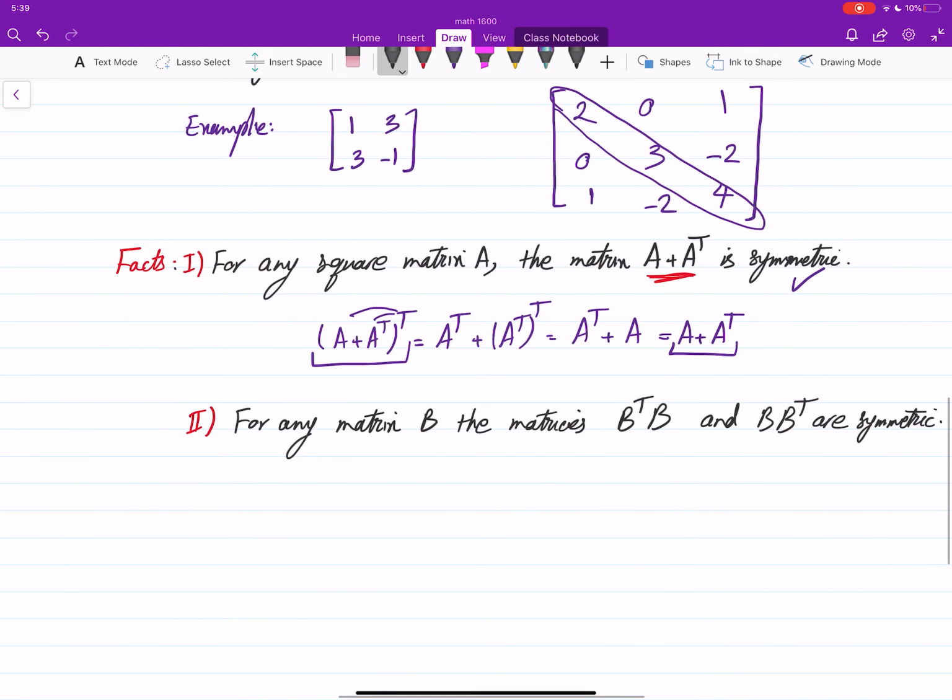So it means that if you multiply the transpose of any matrix you like by itself, you will get a square matrix, either from left or from right. Doesn't matter, you will get a symmetric matrix.